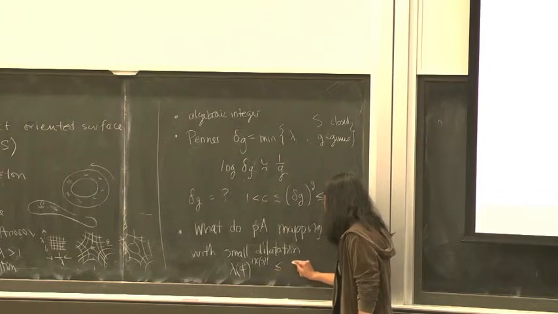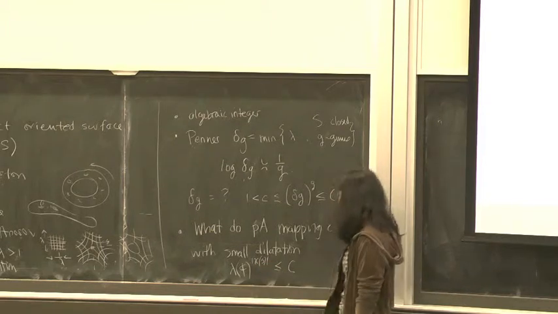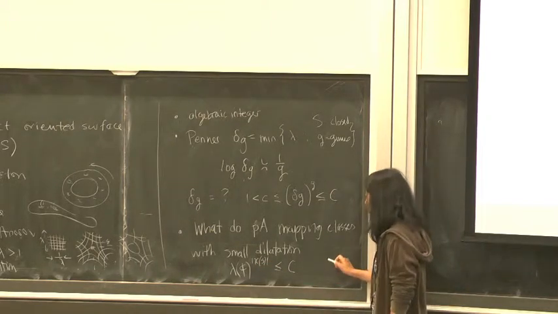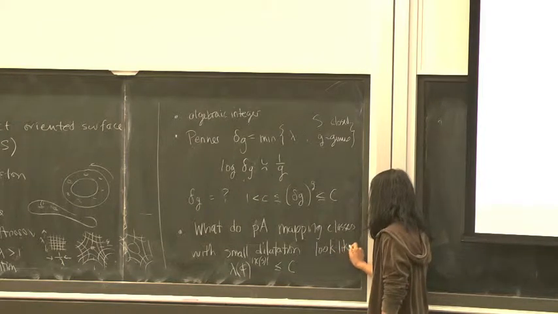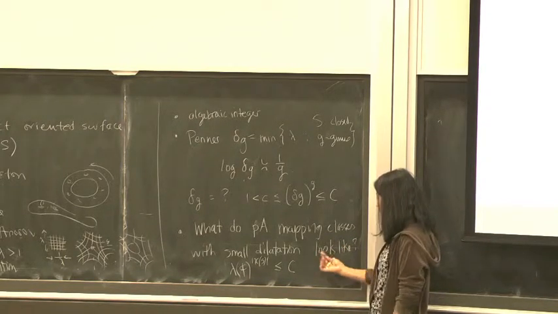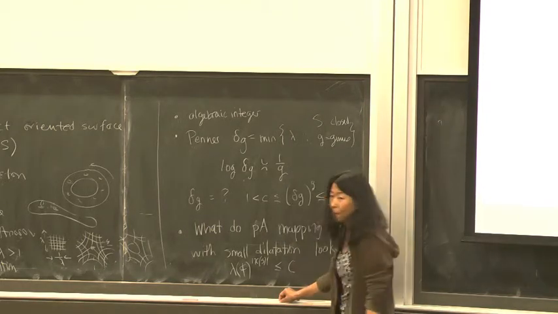When this is bounded, you can say, okay, so this has small dilatation. What do these things look like? Is there a way to construct them systematically?